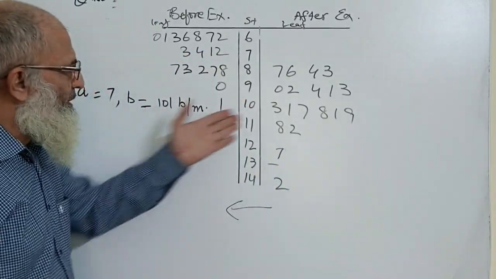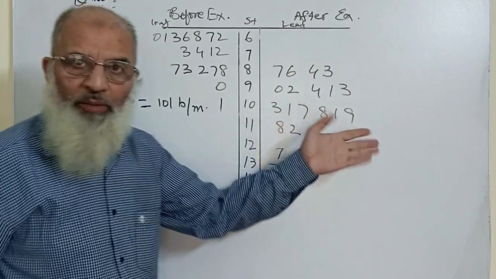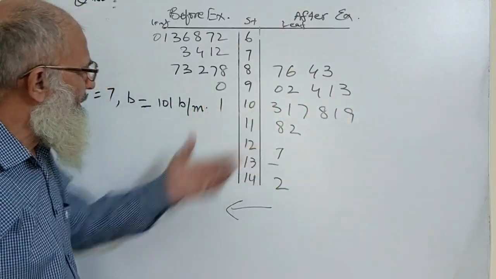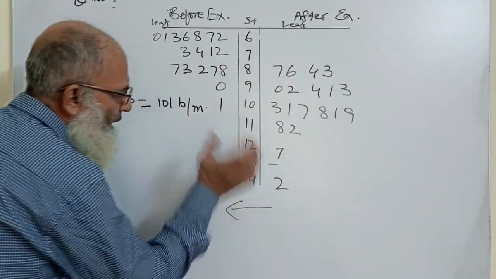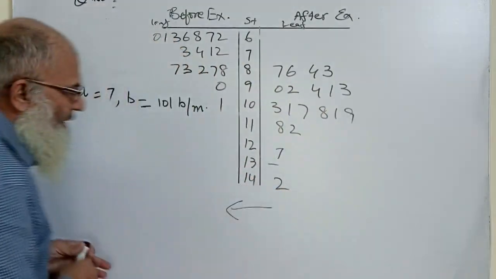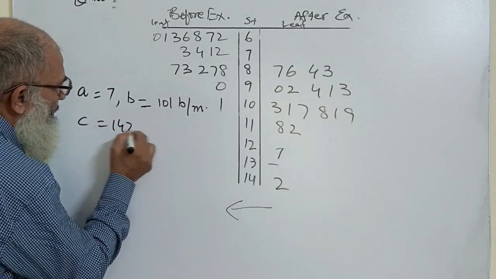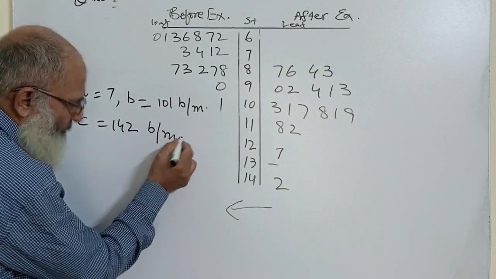If it is the same person, it was maybe 109. But the highest is 142, over here. C is 142 beats per minute.